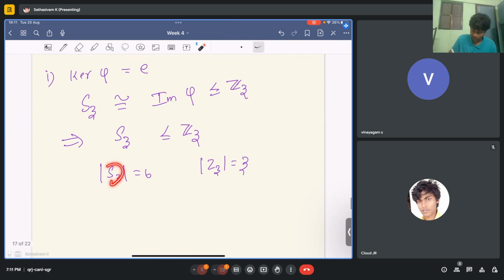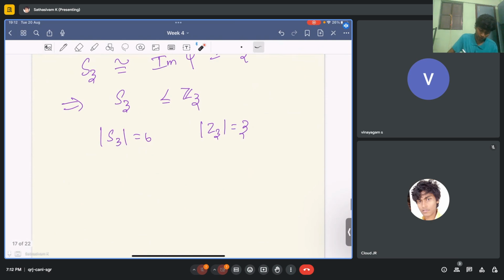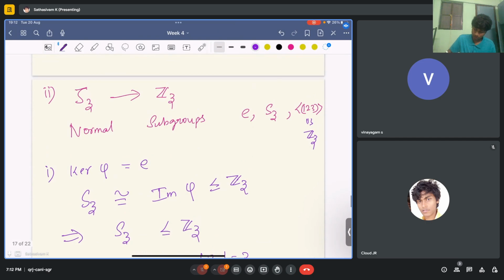A 6 element set being contained in a 3 element set is not correct. So this is a contradiction, and there is no homomorphism from the identity kernel.